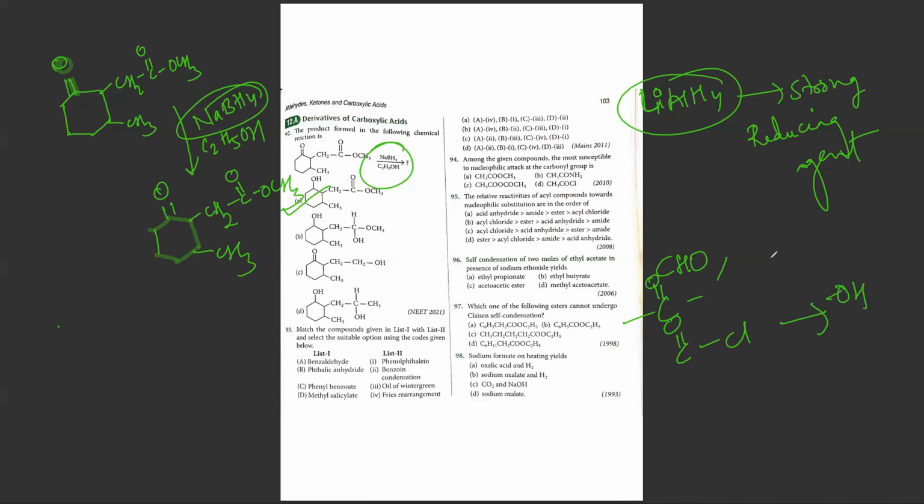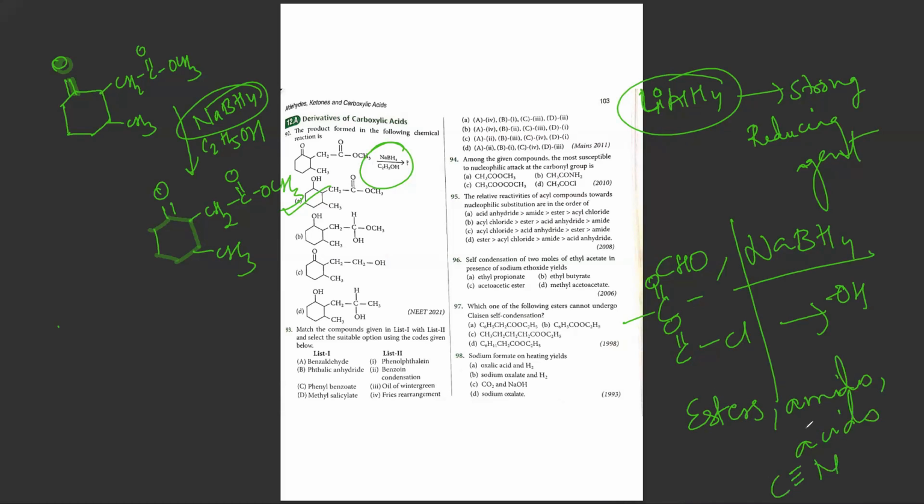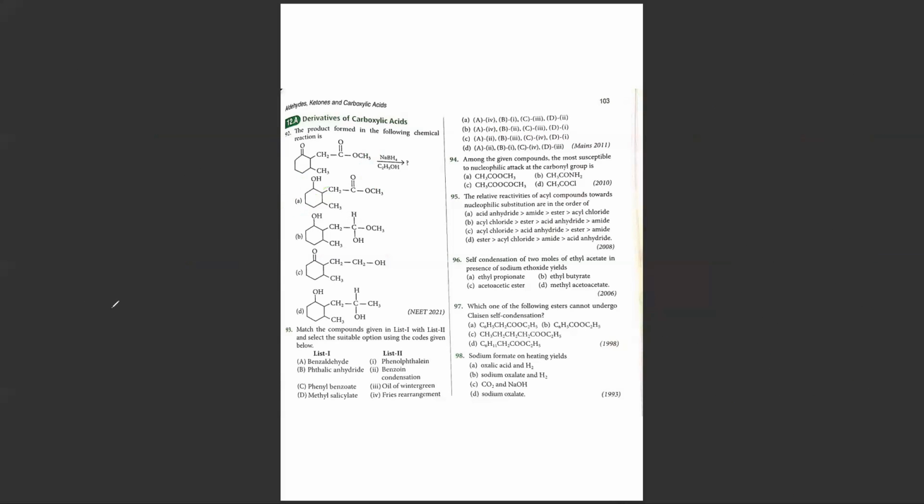But in other cases, like whenever you have esters, amides, acids, and nitriles, they are not so powerful. So because of that the reaction will be the same as it is, there won't be any change. Next question.